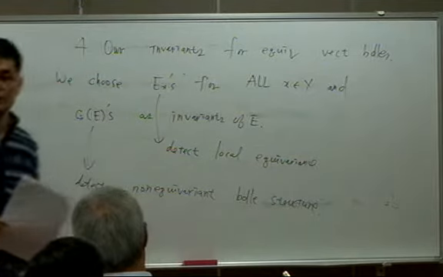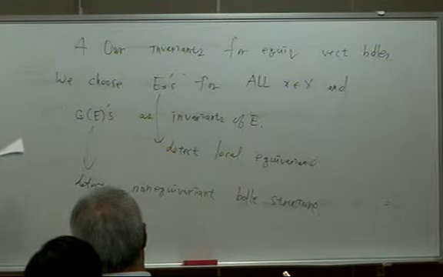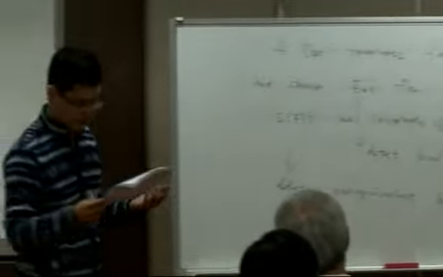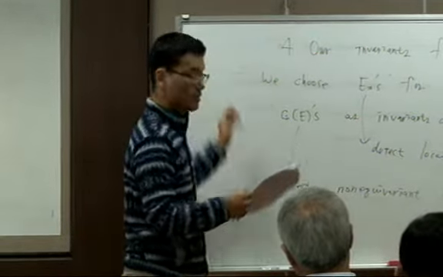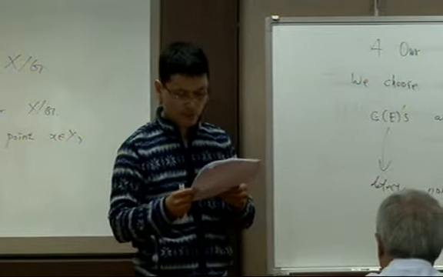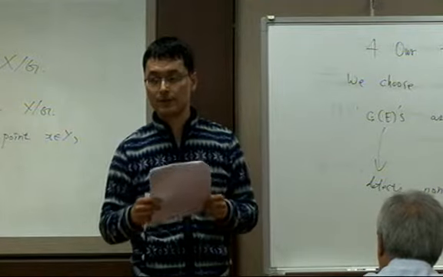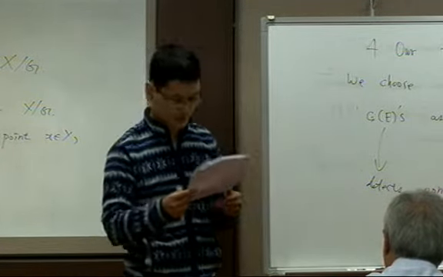Non-equivariant means there is no action. You can see there is no invariant to detect global equivariance or global group action. So these two kinds of invariants are not sufficient even in S2. However, these invariants are very useful at least in low dimension.